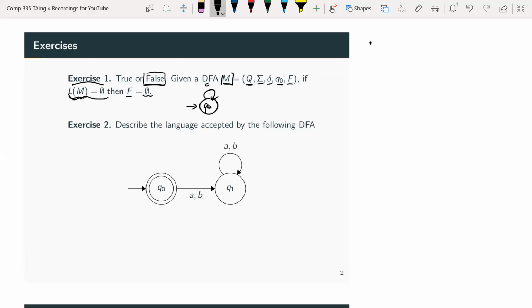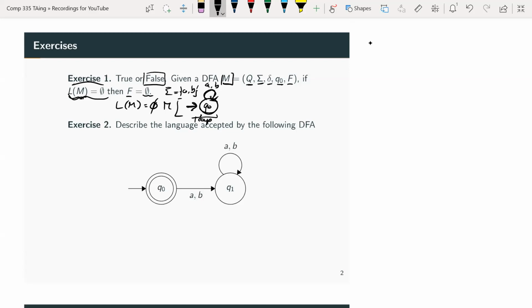I make it a trap state by making this a non-final state, and by saying, if I assume my alphabet is AB, that any string that enters this DFA is essentially going to be trapped here. So you can think of any string over the alphabet AB, it's always going to stay in here. Once the input finishes, the input is going to terminate on a non-final state, which means that if this was M, then I hope you would agree that L of M is the empty set.